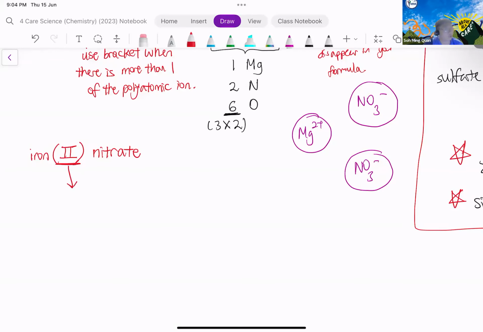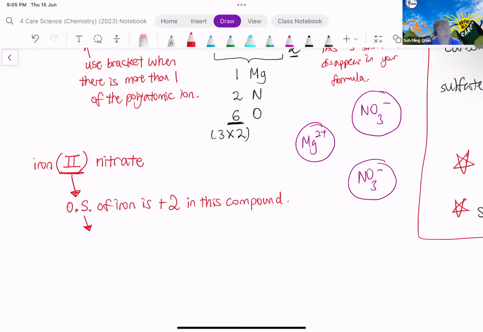Now this number 2 indicates the oxidation state of iron is +2 in this compound. So we have already learned oxidation states under reduction and oxidation. So what does it mean to say iron is +2? Another way to say this means iron has a 2 plus charge. Another way to say oxidation state of iron is +2 is to say that the ion present is Fe2 plus.